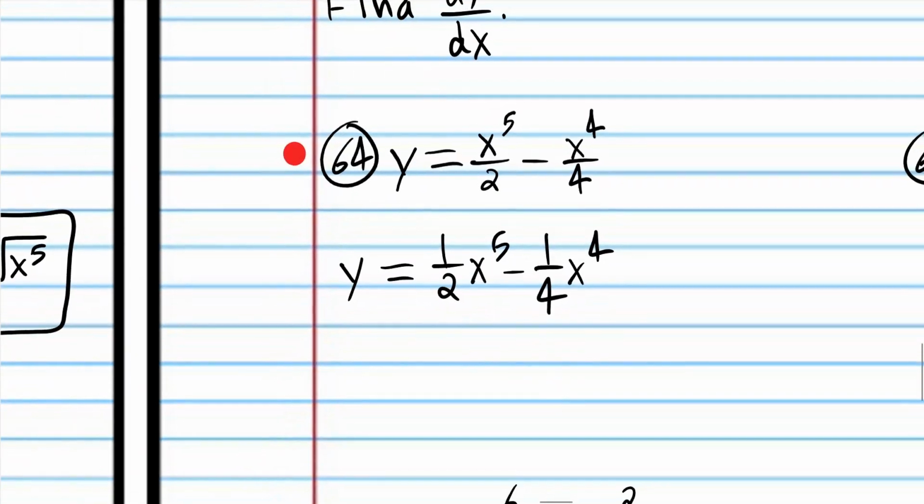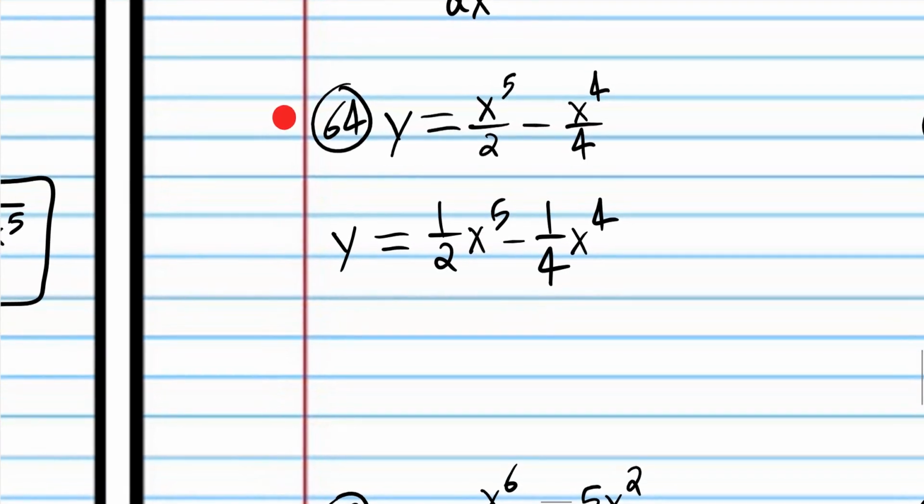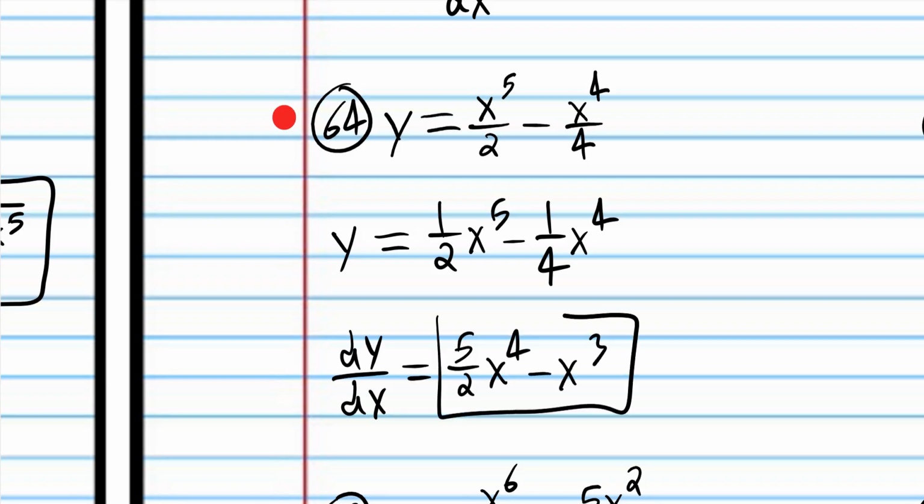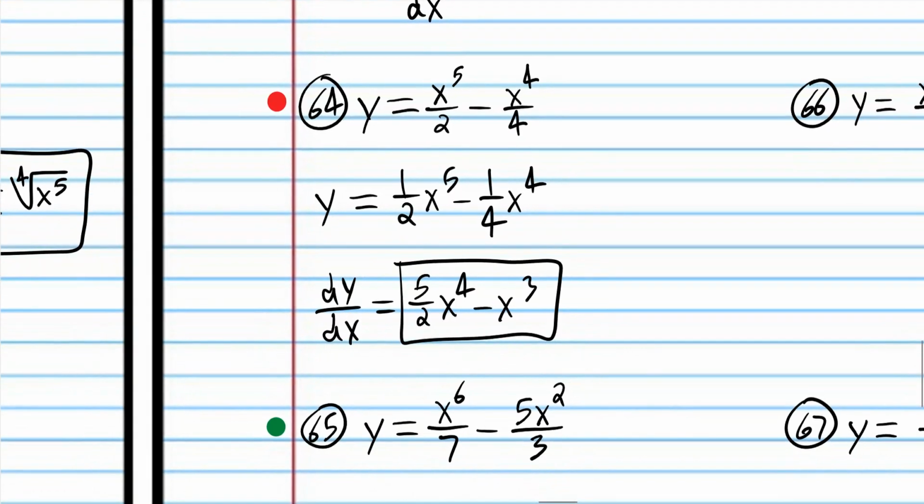And now we can see that this really isn't anything difficult. We're just going to use the constant multiple rule and the power rule. So you take the derivative and we get the following expression. I'm not showing every single step, but there you go.